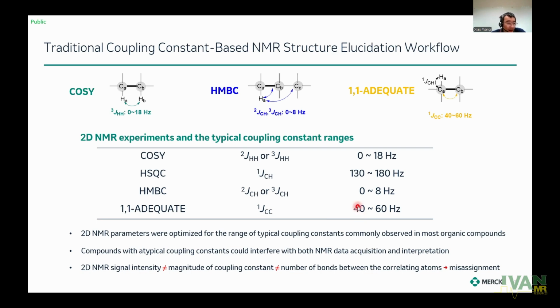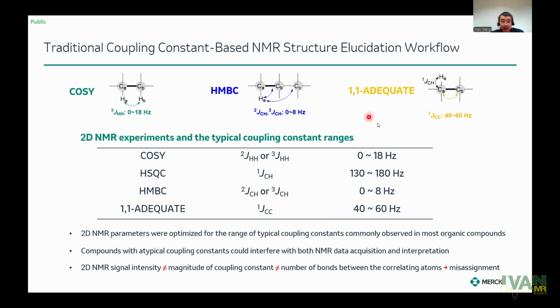So this strategy of using a combination of coupling constant based NMR experiments is generally highly effective in correctly solving structures of organic compounds. And that's why we use NMR as a major tool for structure elucidation.